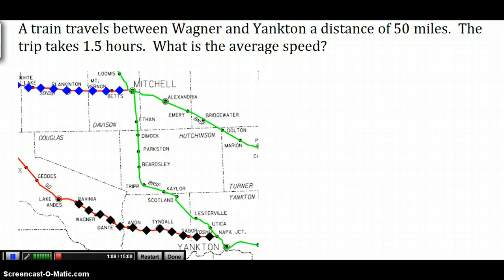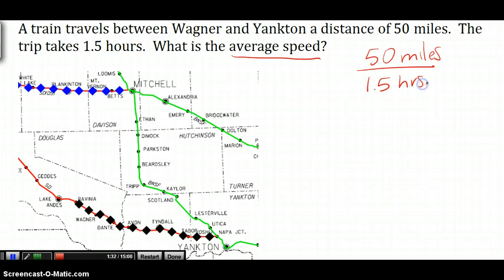Now you might already know, if you have this type of brain, that if you are looking for the average speed, you're probably looking for miles per hour. If you want miles per hour, it's going to be miles over hours. So your answer is just 50 miles divided by 1.5 hours.